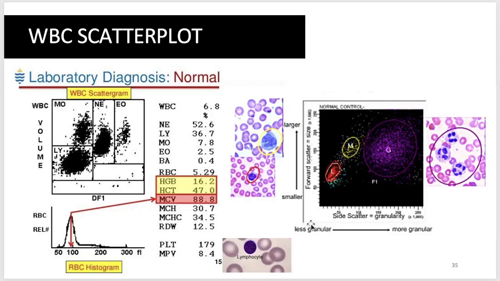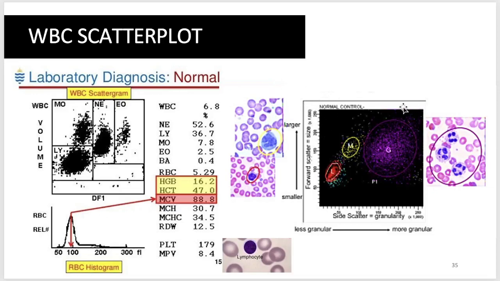So, again, x-axis, side scatter, granularity. The more padulong siya sa right, meaning more granular. Pag sa ating y-axis, that refers to your forward scatter. So, pas-akyat ang ating diagram, meaning the larger the size.